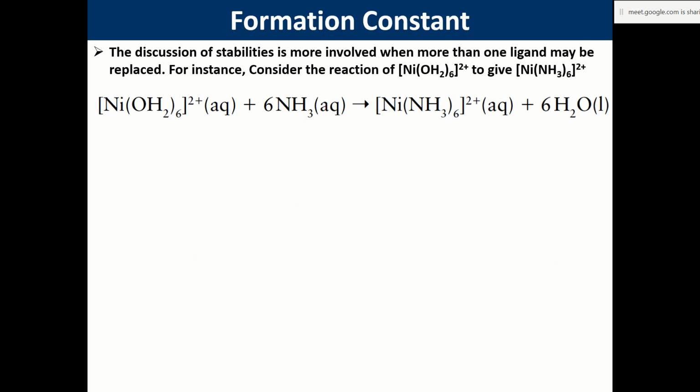So in the previous example FeSCN, only one water molecule was replaced, but now we are going to discuss the example of the nickel water complex, hexaaqua nickel, in which all the six water molecules are replaced. So this is the overall reaction showing the replacement of 6 water molecules with the 6 ammonia ligands, and the 6 water molecules are released.